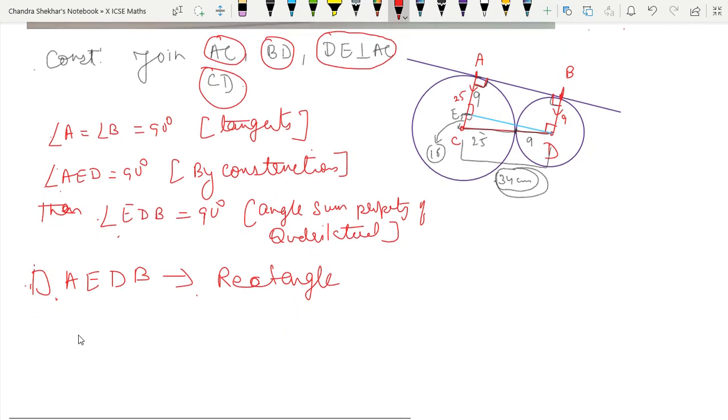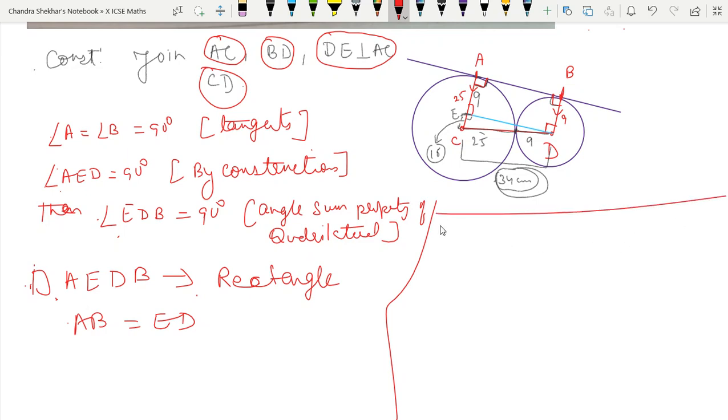And if it is a rectangle, then opposite sides are equal. AB is going to be equal to ED. Now if I find ED, it is done, so I'll go to triangle CED. They have given you CD. I will write it below.